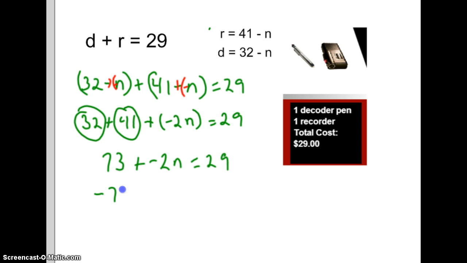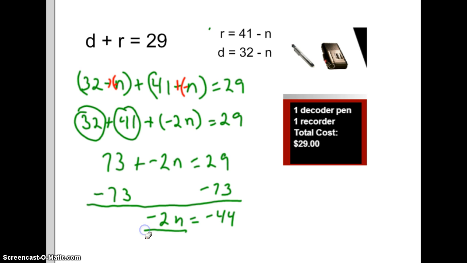If we subtract 73 from both sides, we will have a negative 2N, and that will be equal to a negative 44. If we divide by negative 2, divide by negative 2, N will be equal to a positive 22. So now we have found N is going to be equal to 22.